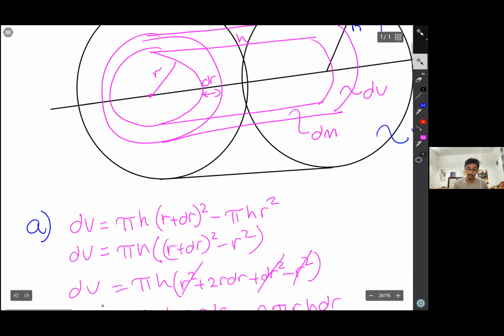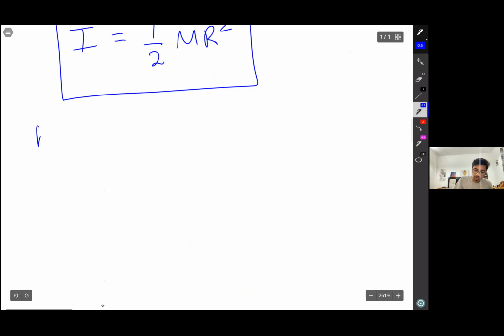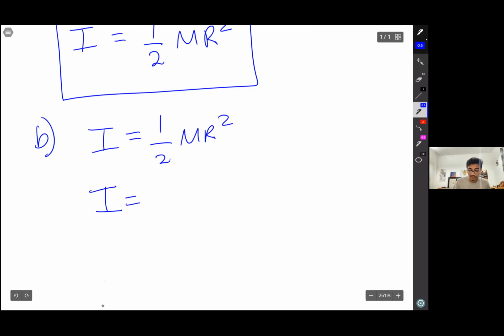So now let's plug that in to part B. Moment of inertia I is equal to half m R squared. So moment of inertia is half times our mass, which is 5 kilograms, times our radius, which was 3 meters, squared.